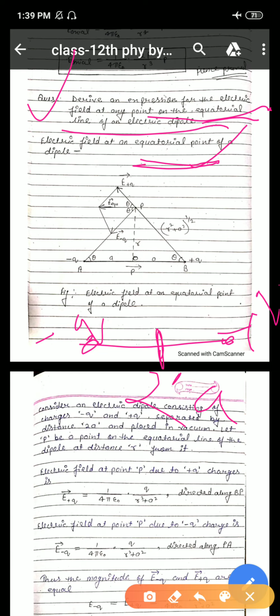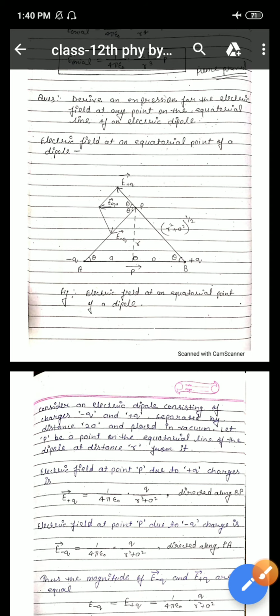So we are taking a point perpendicular to the dipole axis, on the center. So this point is known as equatorial point. Is it clear? Now we have to start.